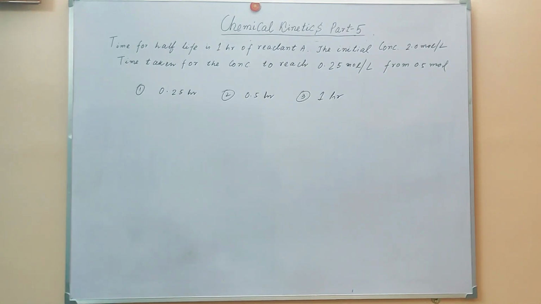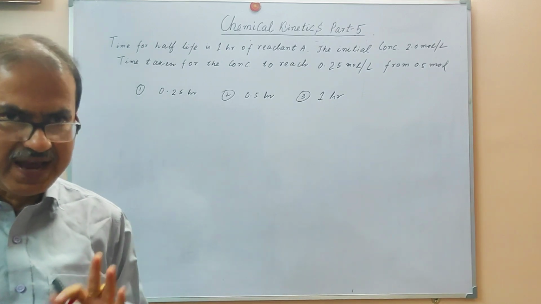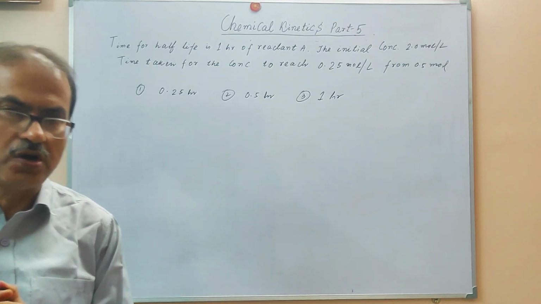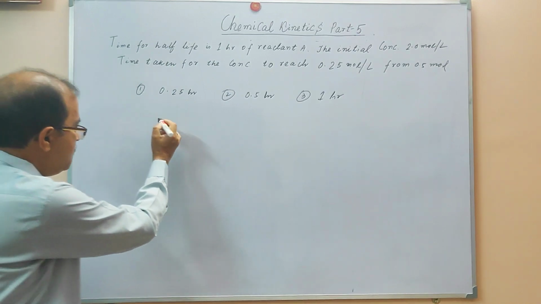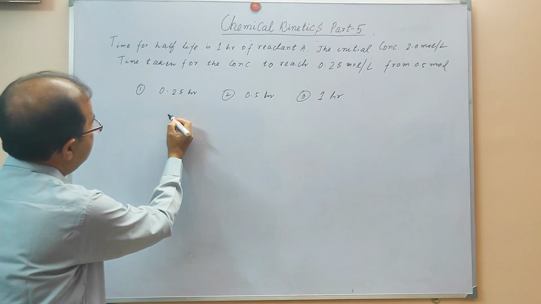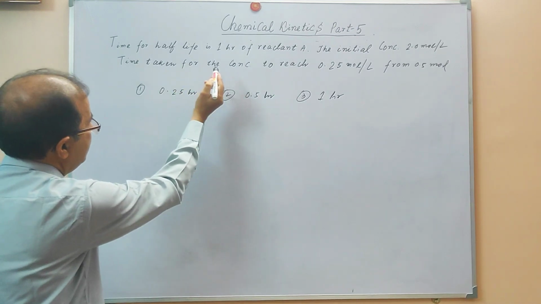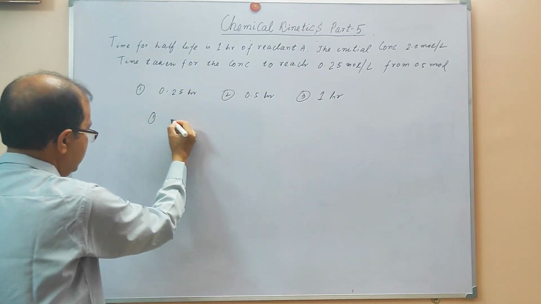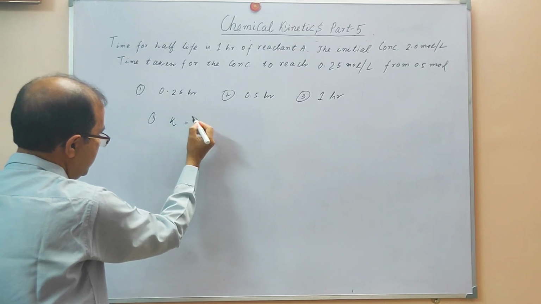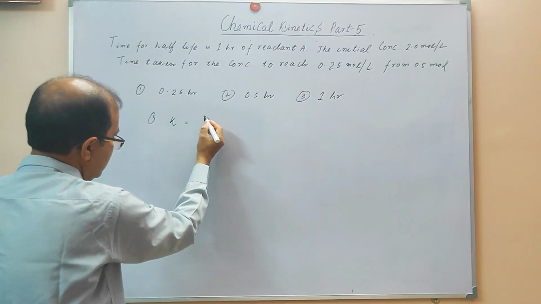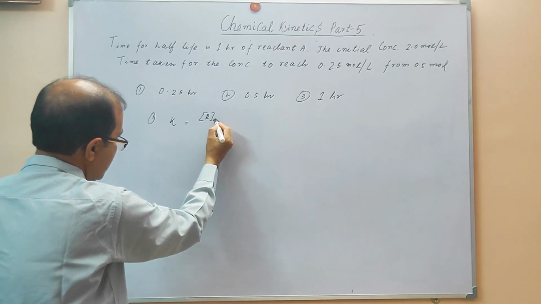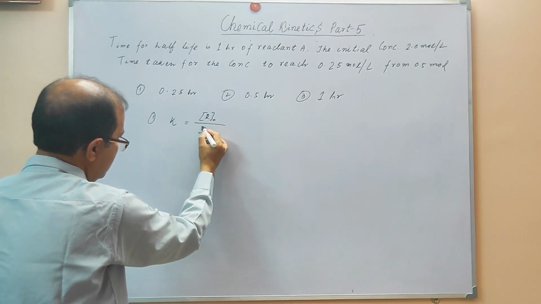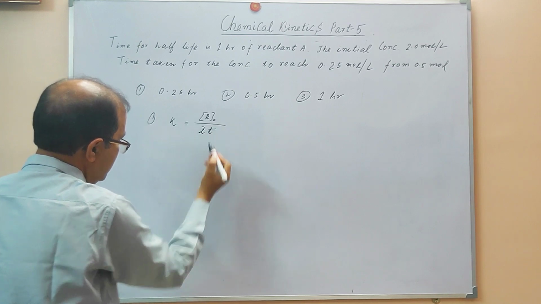Right? So in the next video I will give you the answer and how you can solve it. The simple thing is that you first have to calculate K from the half-life. We know the half-life formula: it is R0 by 2K, so K is R0 by 2T.